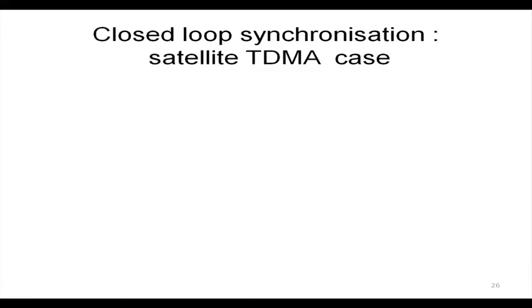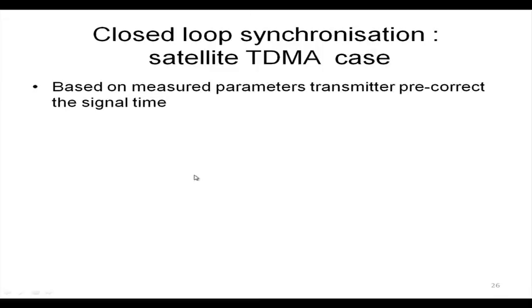Let us go to closed loop synchronization. Let us take a case of TDMA. TDMA is the best example for that. So, we will go a little deeper into whatever we have discussed earlier about TDMA synchronization. Now, it is based on the measured parameter of the transmitter, and then pre-correct the transmit time, pre-correct the signal time for the transmitter. Obviously it is more accurate than open loop, because it is doing the real time measurement there itself.